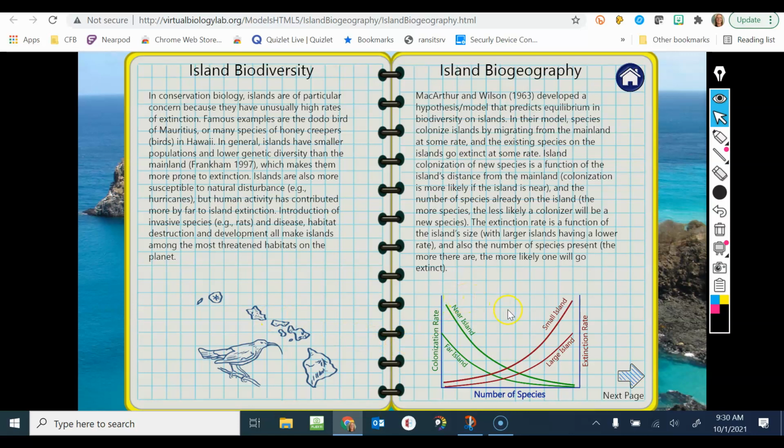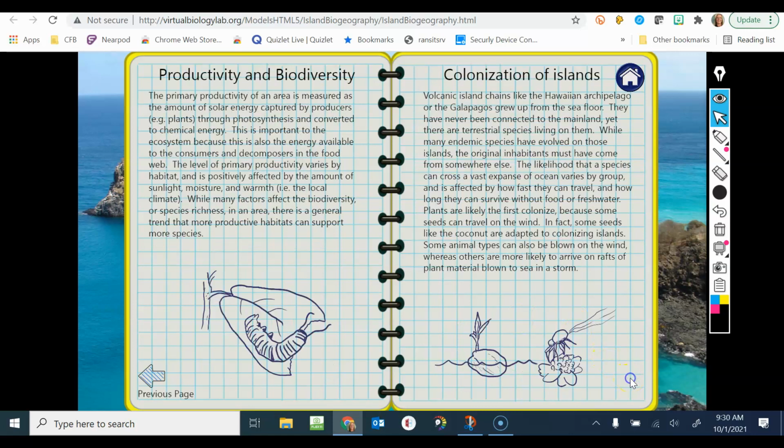It talks a little bit about the relationship of colonization to number of species and the number of species to extinction rate on the same graph, and so this is another opportunity for note taking. And then it talks about productivity and biodiversity.